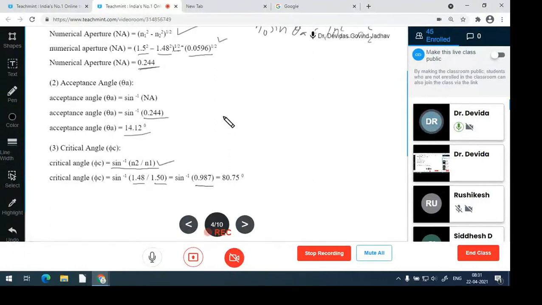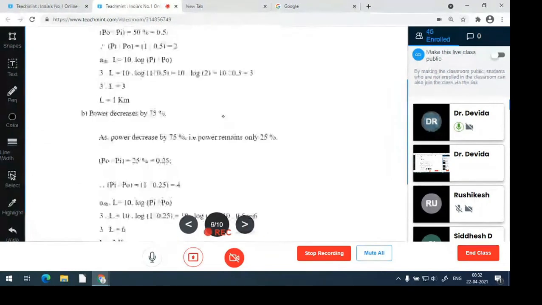This ratio comes as sine inverse of 0.987, and the sine inverse of 0.987 is 80.75. So in this way, we have calculated numerical aperture with the alternative formula, acceptance angle, and critical angle. Numerical aperture comes out 0.244, acceptance angle comes out 14.12, and critical angle is 80.75 degrees. So these are the problems we have seen yesterday.